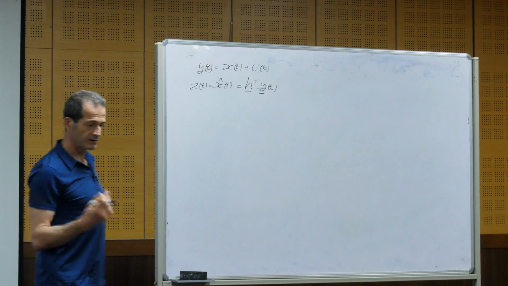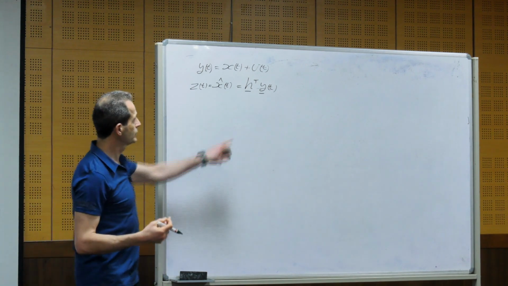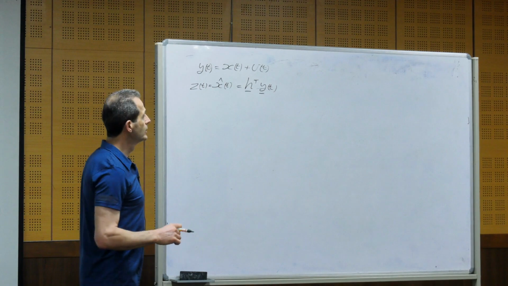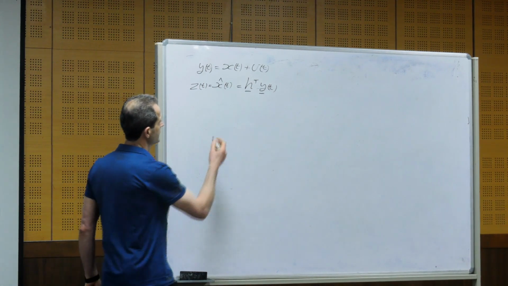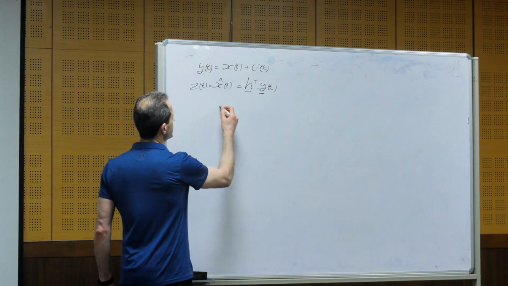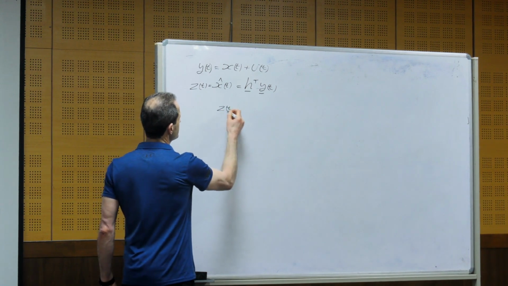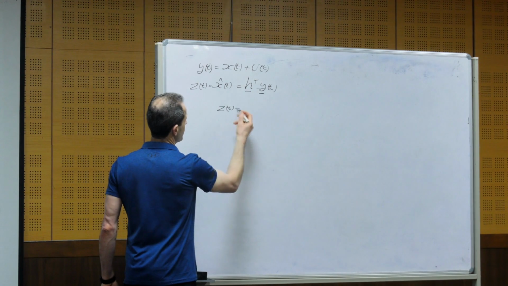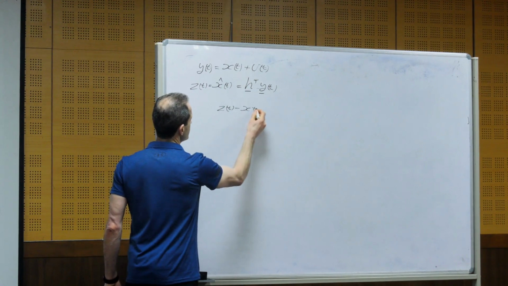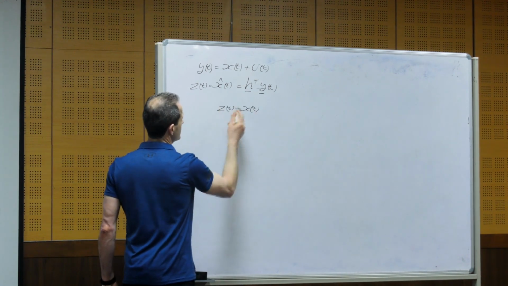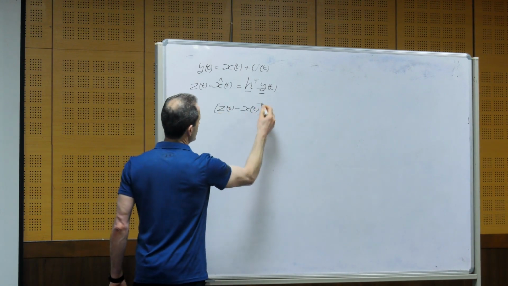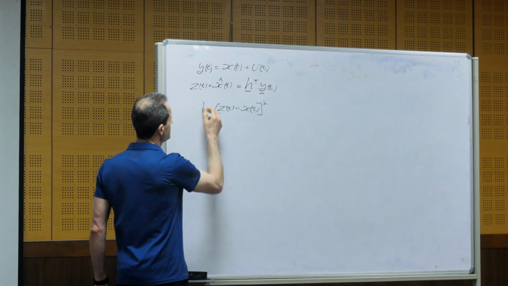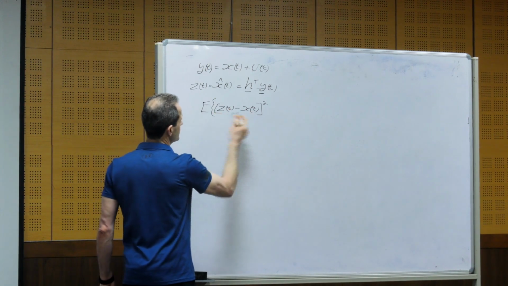For the Wiener filter, if we want to find the filter, we need to find the mean squared error: we take z(t) minus x(t), which is the error, we square it, and we take the mean of this squared error.